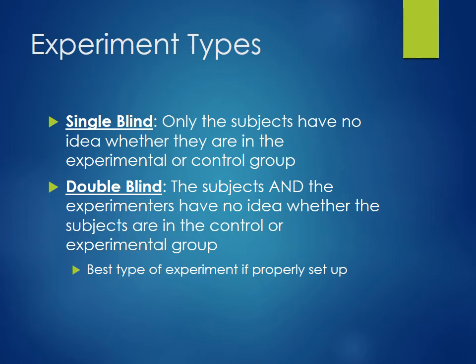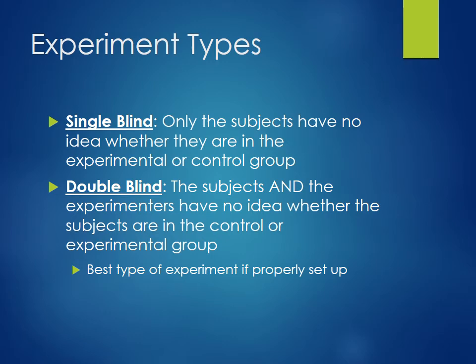Experiment types: you have your single blind and then double blind. Single blind is when the subjects, the people in the experiment, don't know if they're in the experimental or control group, but the facilitators do know who's in which group. Double blind is when the subjects and the experimenters, the facilitators of the experiment, neither has any idea who's in which group. The best type of experiment is the double blind.